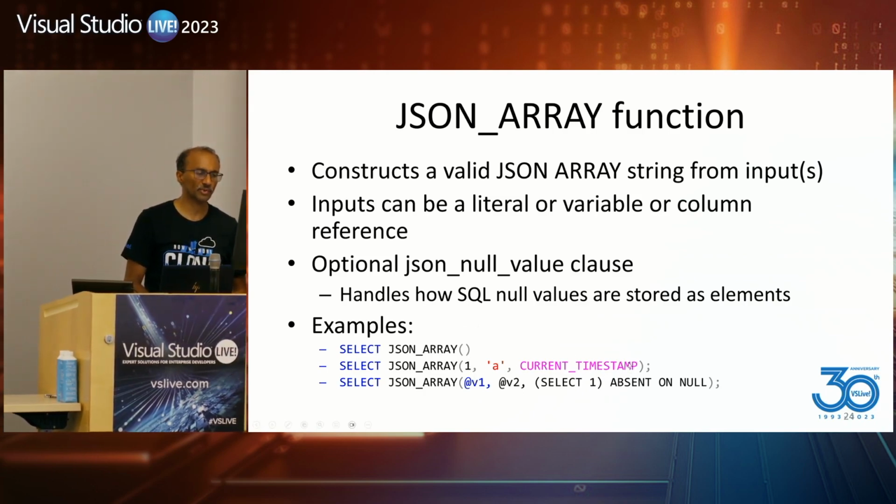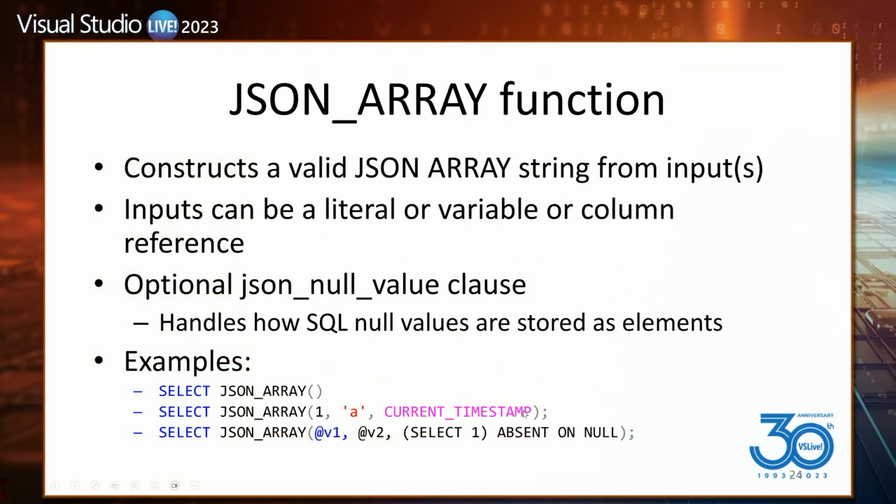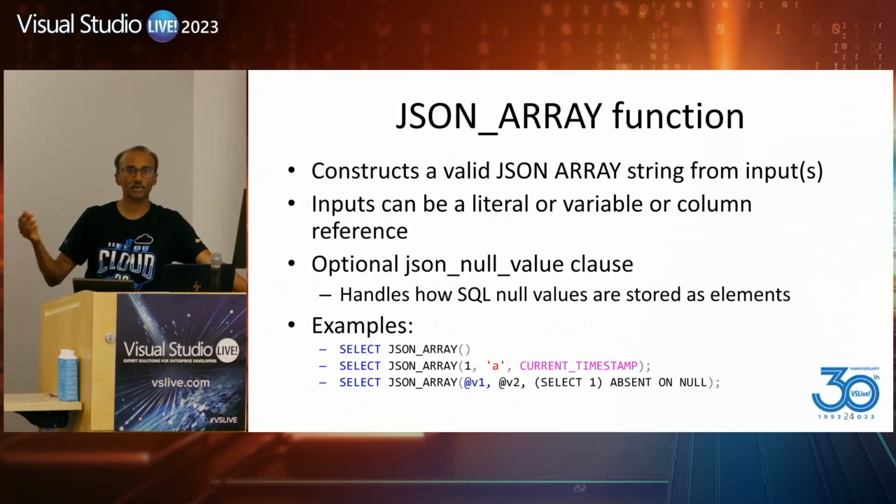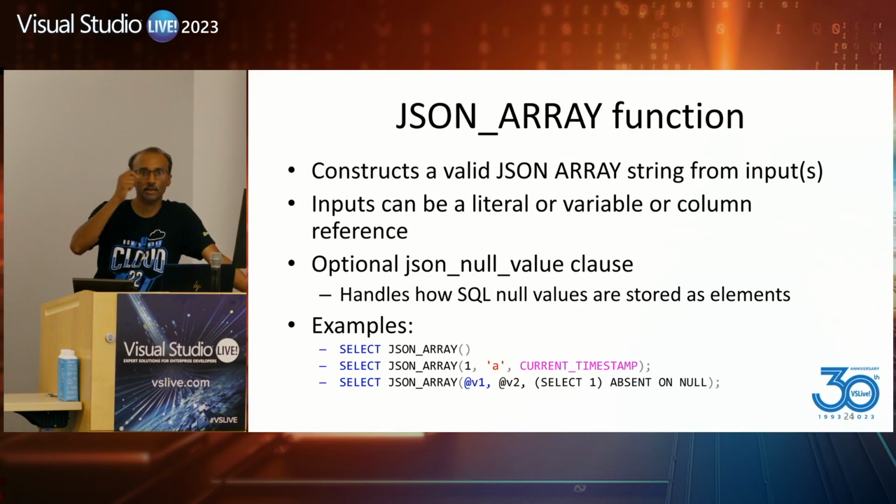If you are passing some SQL types which are not available in JSON, those will be converted to strings. So in this example, current timestamp will return a date time value, and the date time type. Whereas JSON doesn't have a date time type, like I said. There's no timestamp or JSON timestamp type.